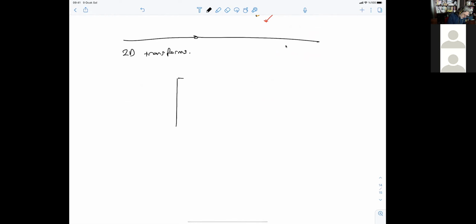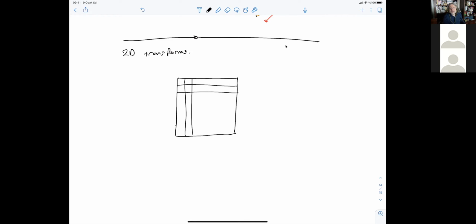Suppose that you have an image in the form of a matrix. So we have these rows and we have these columns. Now, if you want to process this row, we can indicate it in red, if you wish.